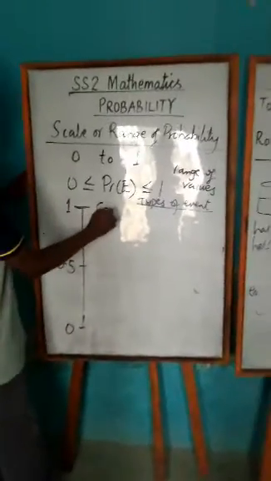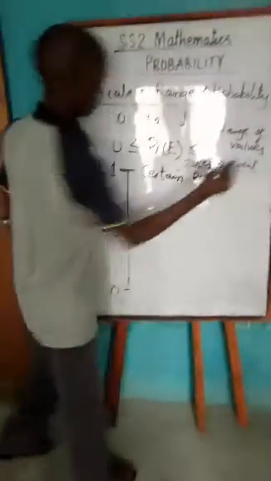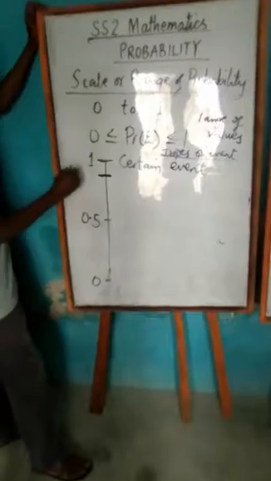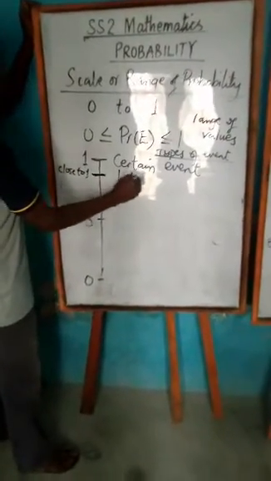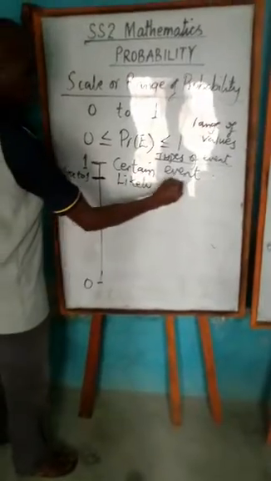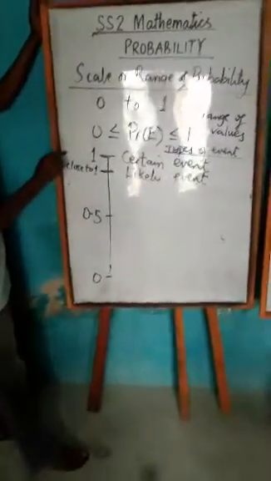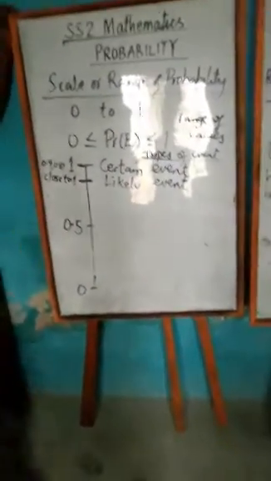So that is a certain event. An event that has a probability that is close to 1 is a likely event, maybe something like 0.9, 0.87, and so on.